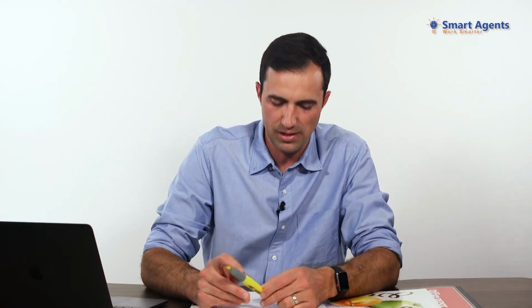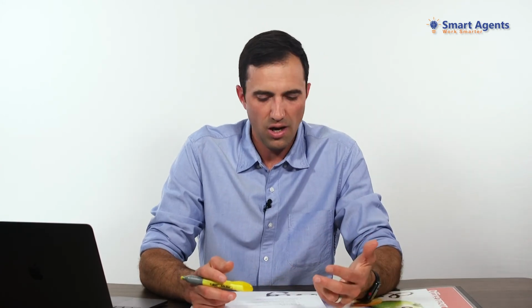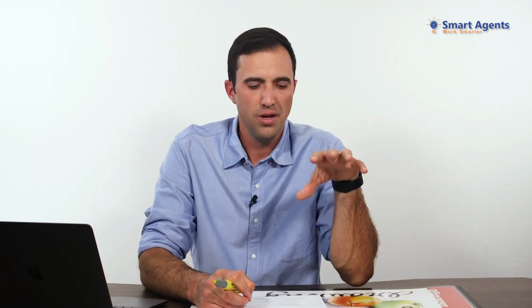So if you're out there running ads in them, you can go blind, you can go branded, you can make an offer, you can advertise your book, you can advertise your listings. The list goes on and on and on. But printed media is still a great platform. You can get competitive prices because there's so much competition in the online world, and it's still a really good way to bring in business.